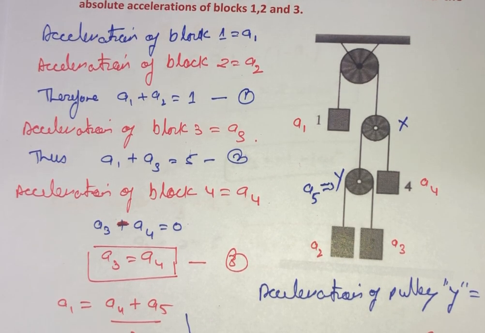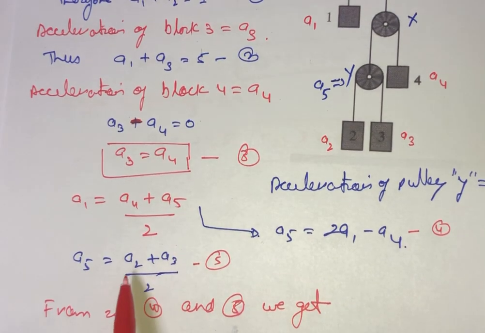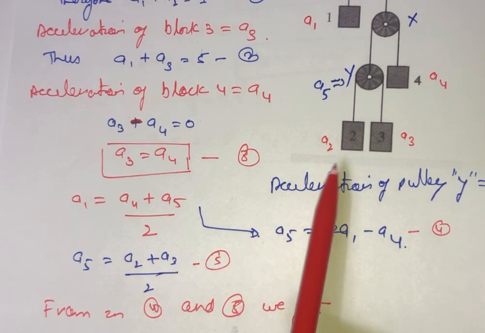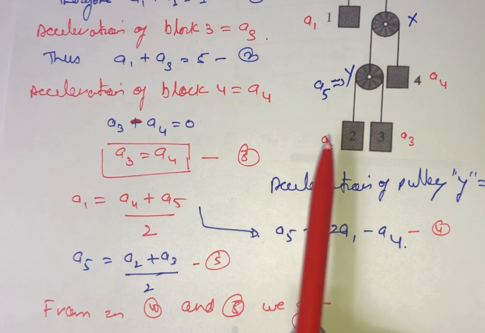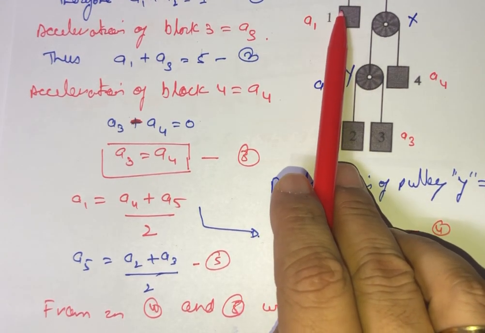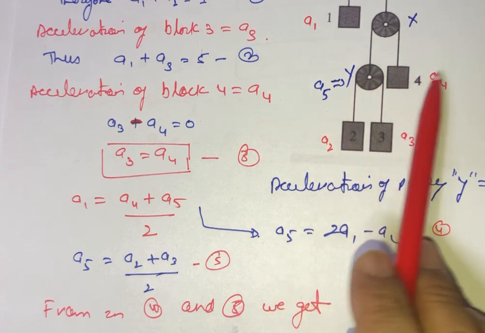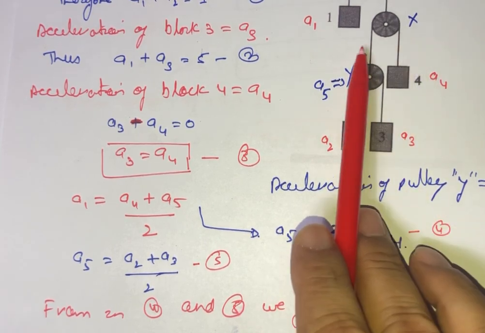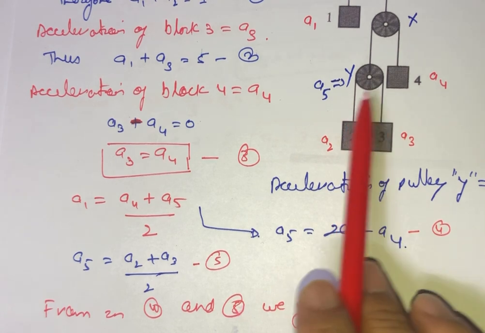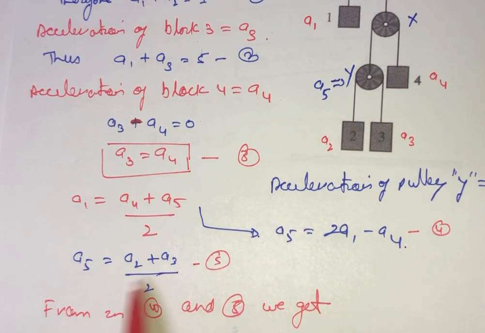We can write this as x5 is equal to x2 plus x3 divided by 2, and double differentiation will be giving us a5 is equal to a2 plus a3 divided by 2. So we get the same results, and directly we can use the equation for acceleration instead of making use of the traditional approach where we assume that each block moves by an x distance, and subsequently we write it as a multiple of x, and respectively we get, after double differentiation, the acceleration equation. Thank you.